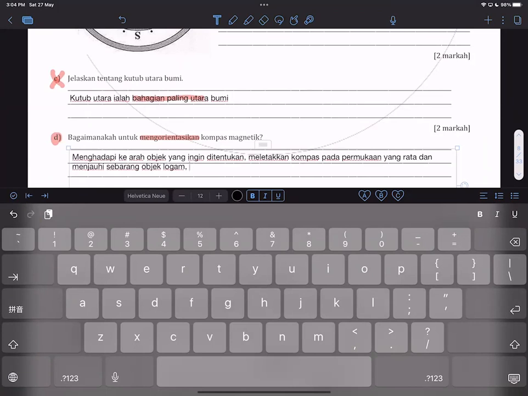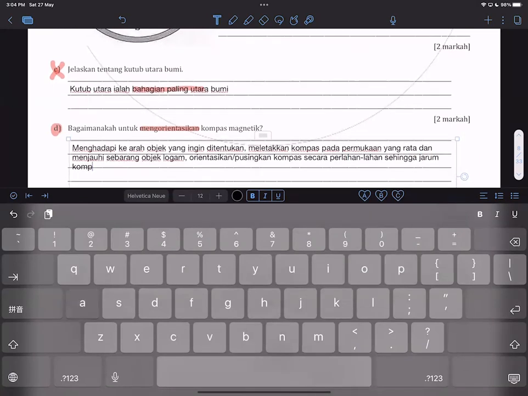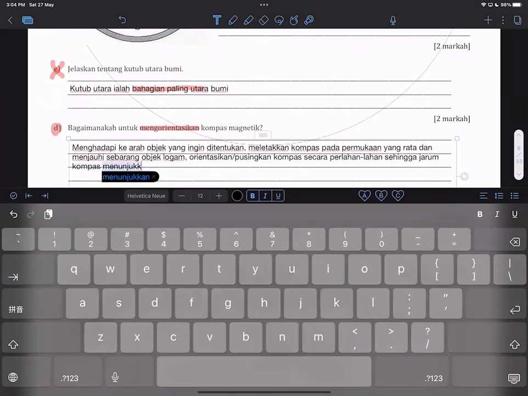So orientasikan. If you don't want to use orientasi, you can use pusingkan. Pusingkan kompas secara perlahan sehingga jarum kompas menunjuk ke arah utara.